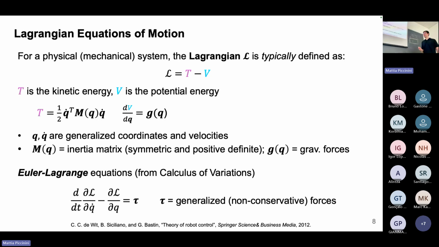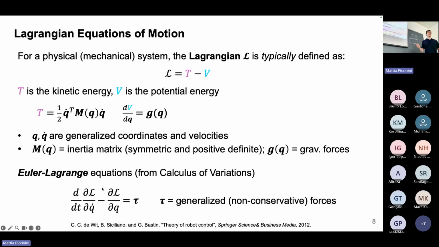And then from calculus of variations, you can actually get to the famous Euler-Lagrange equations, which you probably have seen somewhere. This is the Lagrangian, and the equations of motion can be written like this: the time derivative of the partial derivative of the Lagrangian with respect to q dot, minus the partial derivative with respect to q, is equal to tau.